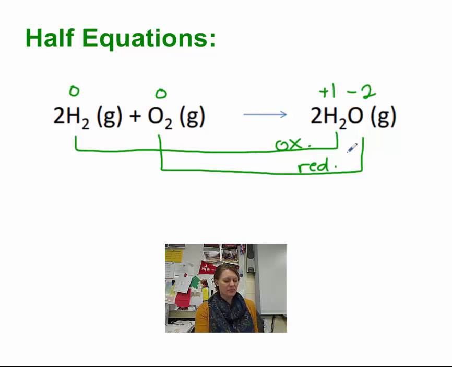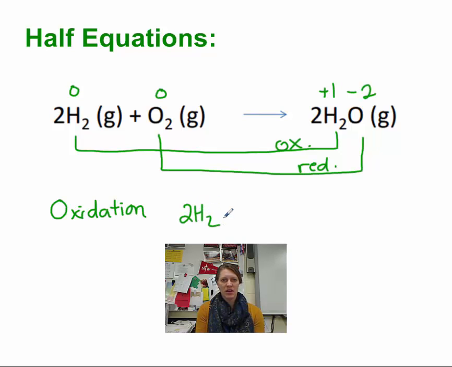In order to do that, I'm going to take my hydrogen to start with for my oxidation. And I'm going to start here with I have 2H2. And the hydrogen is losing an electron. Remember, oil rig.